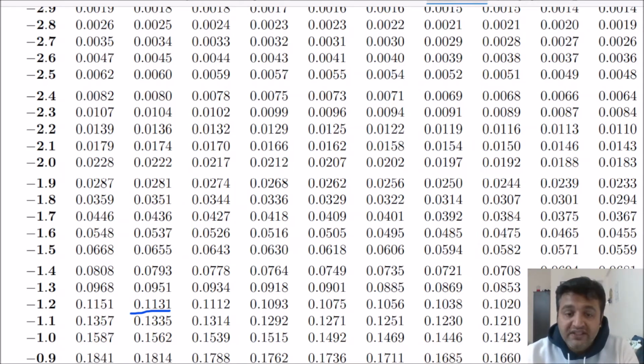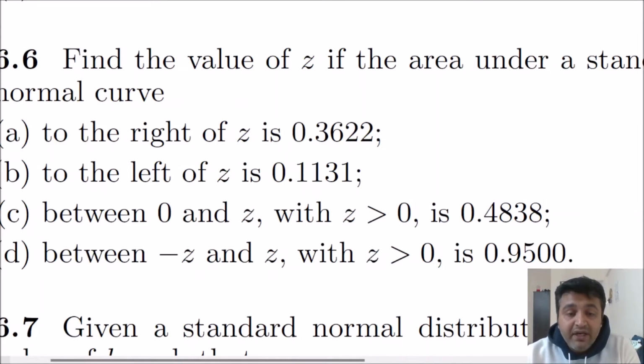Now let's go for the next problem. In the C part, the area is given from 0 to z, which is 0.4838. This is again not completely towards the left of z, they're only taking the positive part. So how will you solve this problem? We know that the total area under the curve is 1, and the curve is symmetrically distributed.